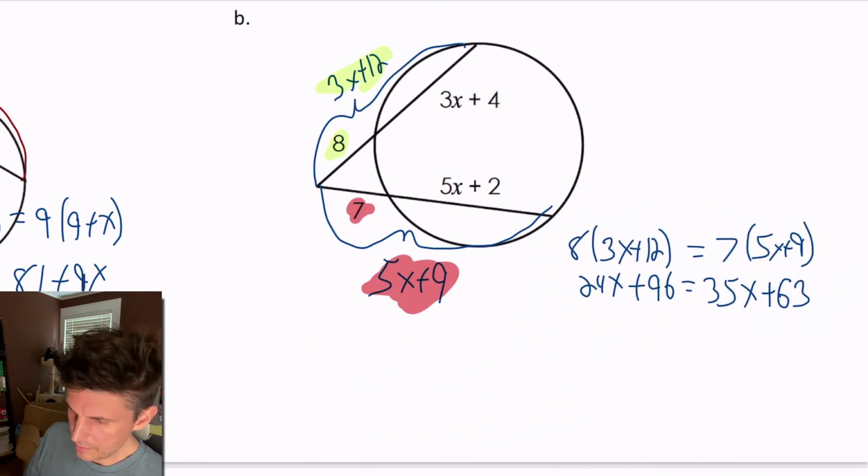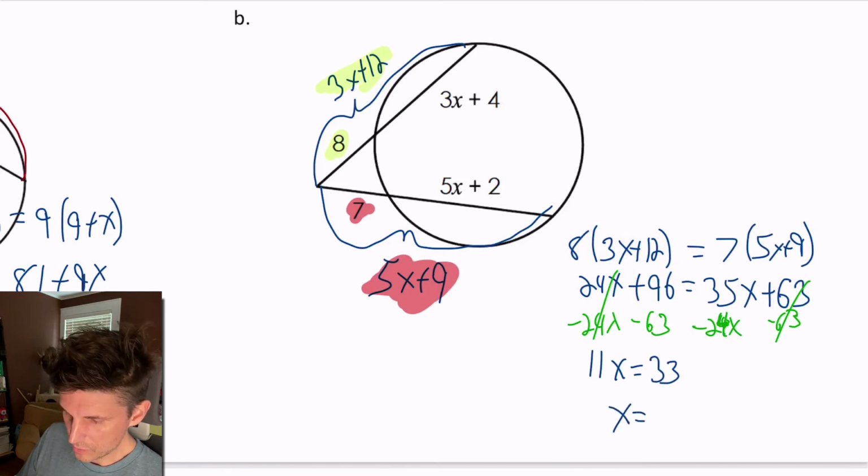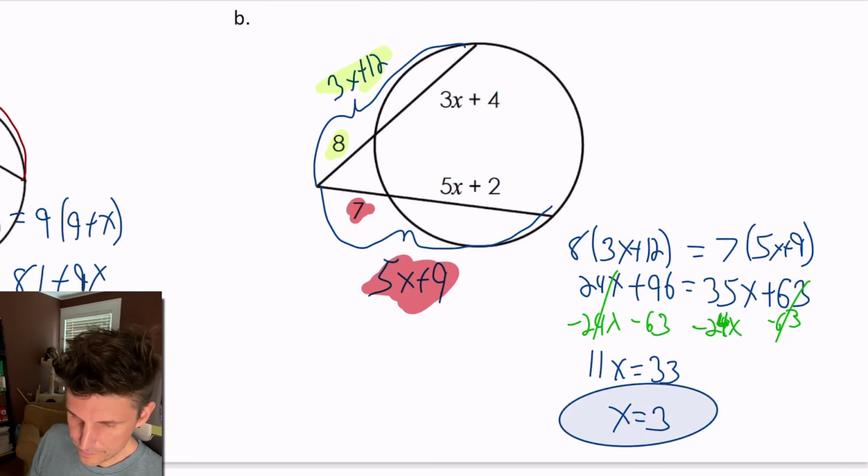Minus 63, minus 24x, minus 24x. So you end up with 11x equals 33. x equals 3. I think we got 33 last time. I don't know. So there you go.